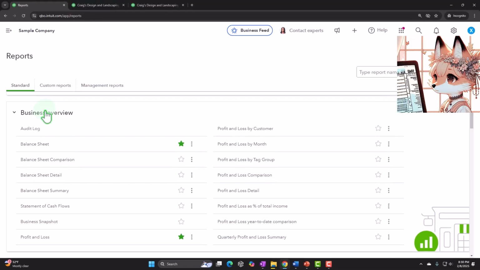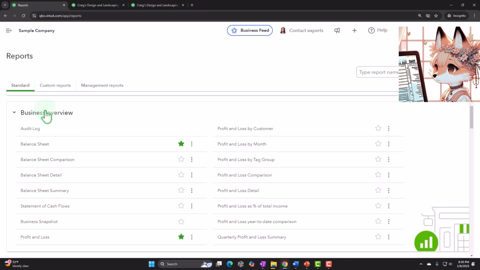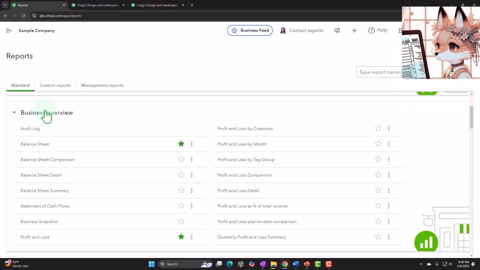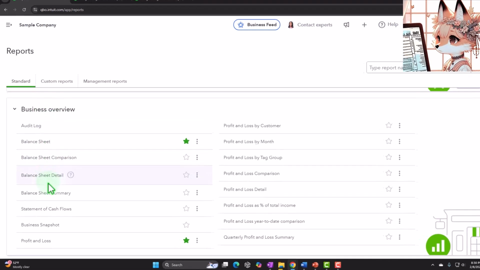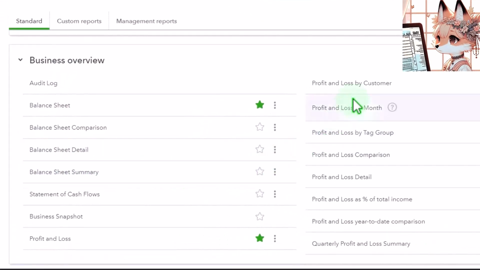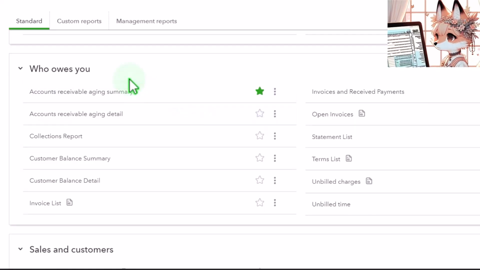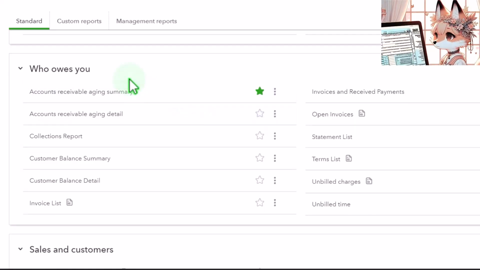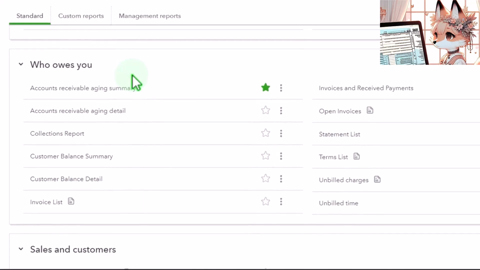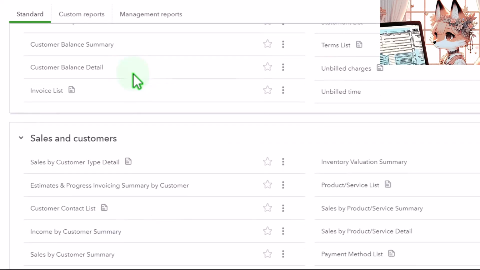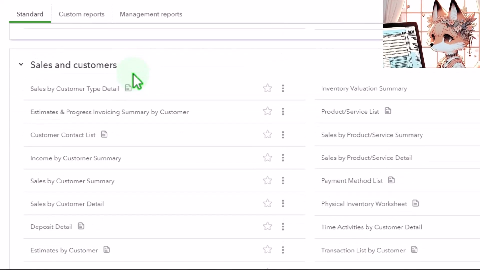So maybe you put it on some other account that deals with sales or customers. So you would think they might put it in the overview, but I don't think they put it in the overview. It's not going to be in who owes you typically, because that's going to deal with accounts receivable. And so they usually might owe you because you sold inventory. So you can see they might think that that would be a reasonable spot.